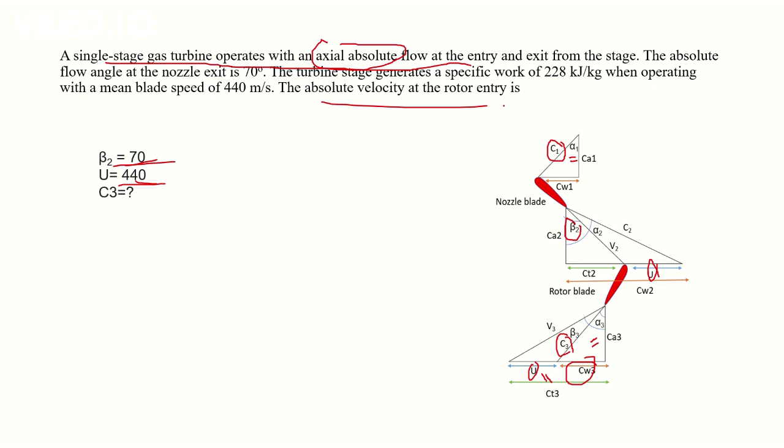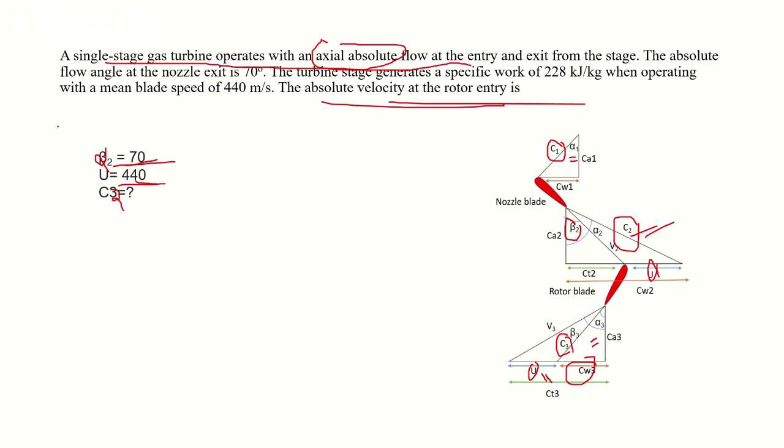Later they have asked for the absolute velocity at the rotor entry, which is C2. So C2 is what we need to find out.